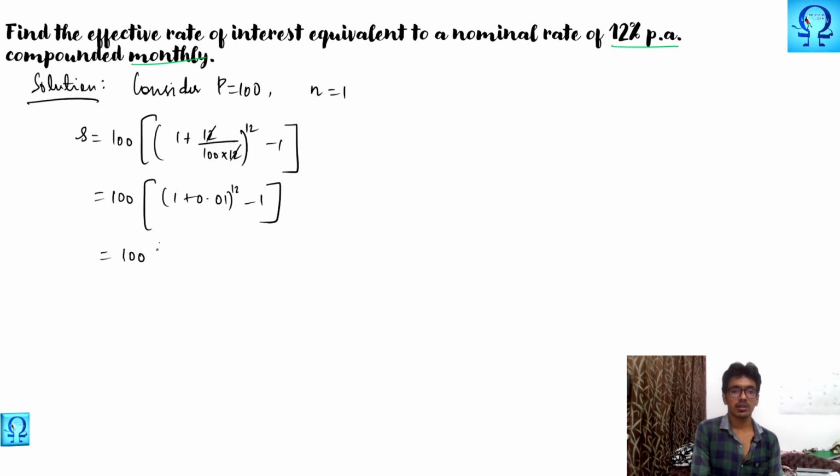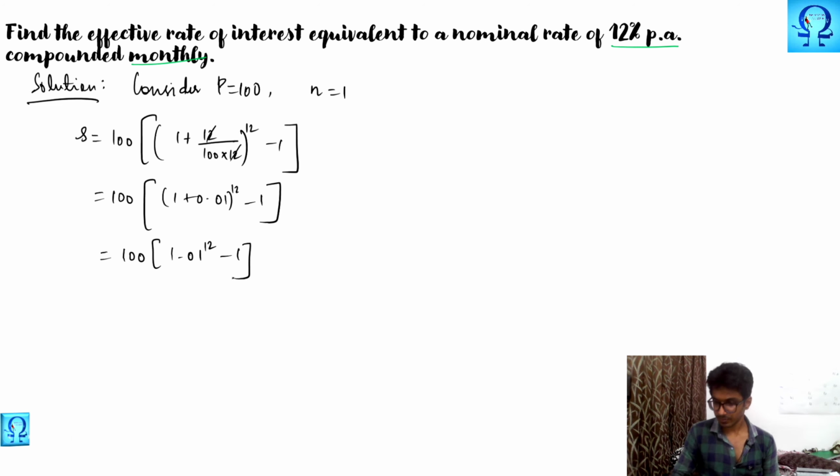The 12 gets cancelled. So it is 100 times (1.01 to the power 12 minus 1).